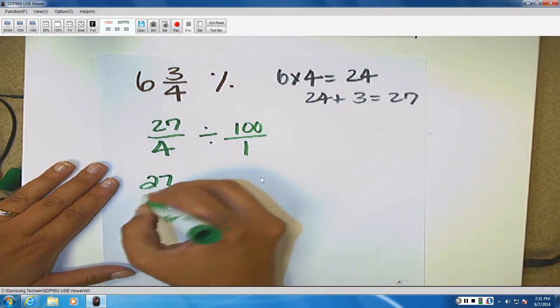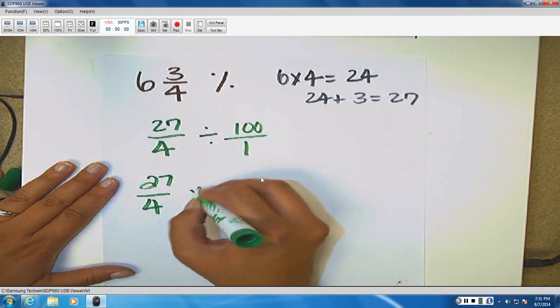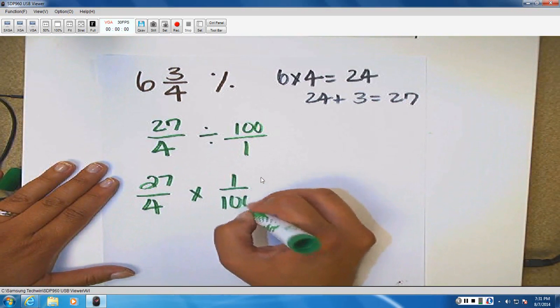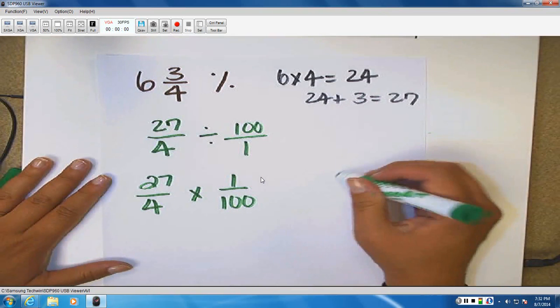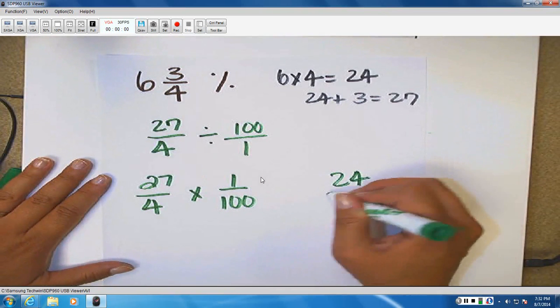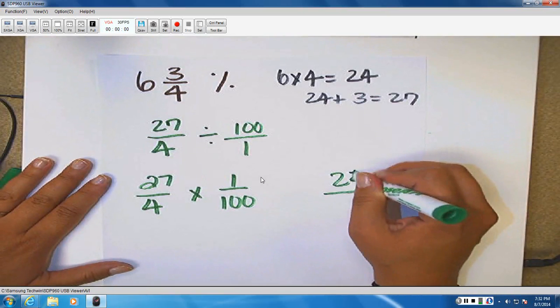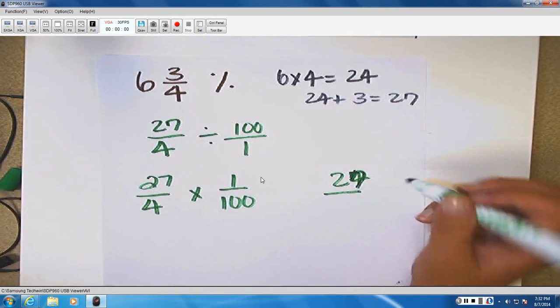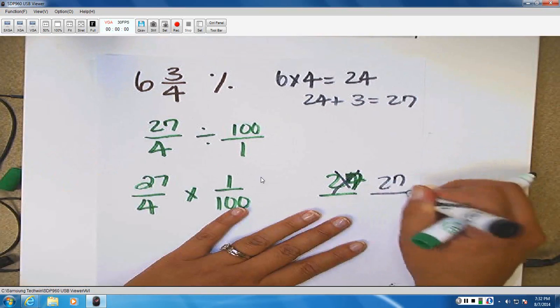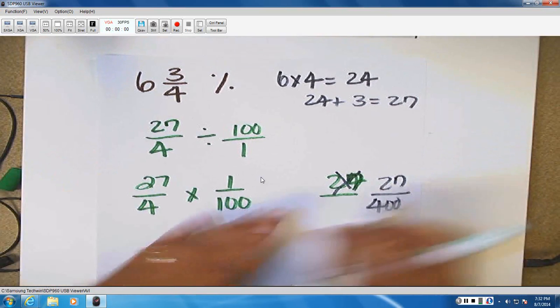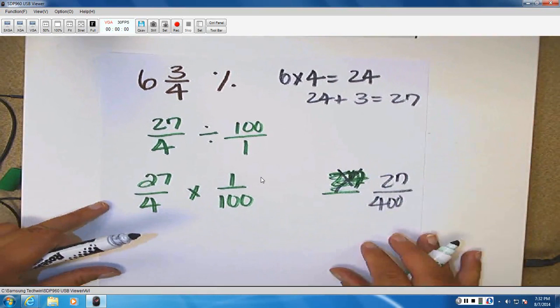So I'm going to take 27/4 times 1/100th. And now I'll just do simple multiplication across the board. So I end up with 27/400. Sorry, getting ahead of myself.